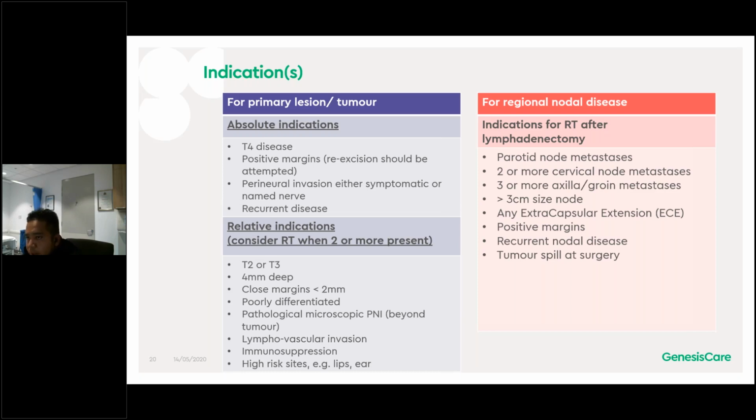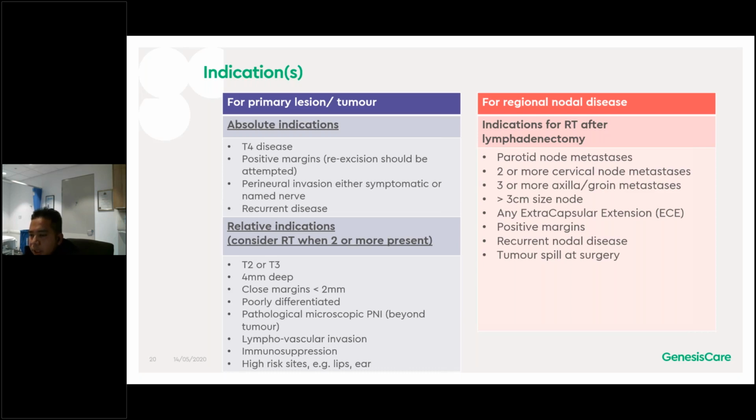We've got level 1 evidence now to say that all of these have been validated in that trial, where people with parotid metastases, 2 or more cervical lymph nodes, 3 or more axillary or groin metastases, patients with big metastases measuring more than 3 centimeters, any extracapsular extension, positive margins at the time of the operation, recurrent nodal disease, or tumor spillage at the time of the nodal dissection.